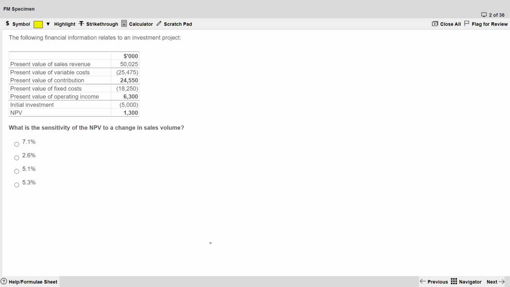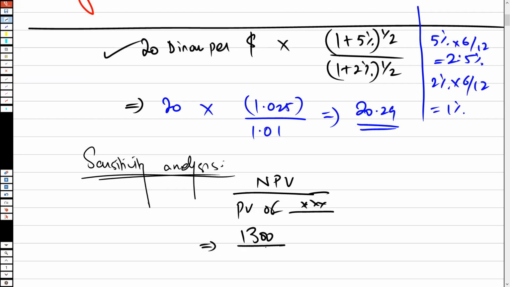The present value of sales revenue is 50025. Multiply by 100. So resultingly, you will end up getting 2.598%, so approximately 2.6%. So the answer to this is going to be 2.6%.